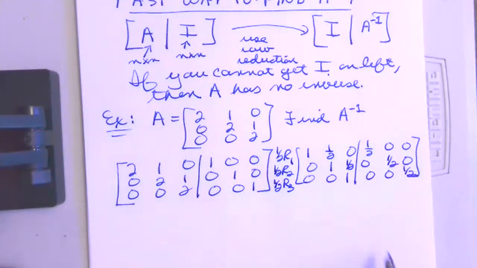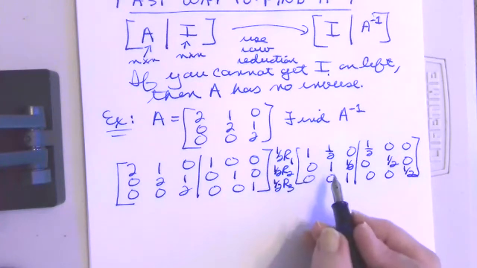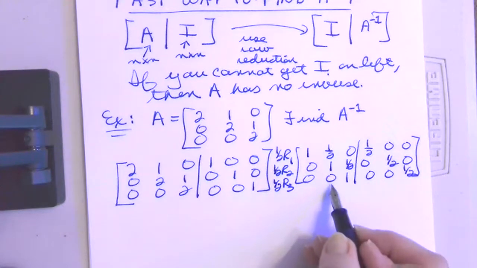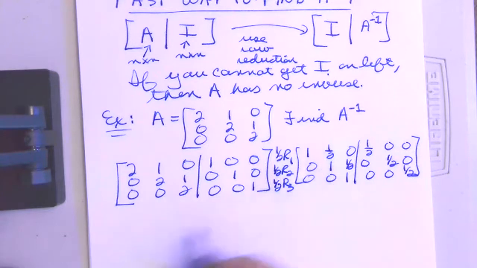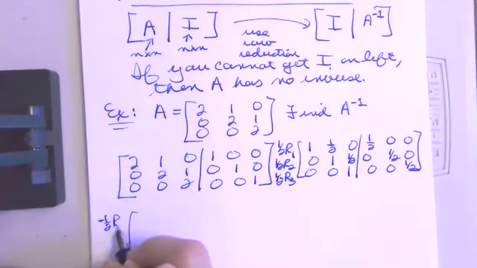That'll help me a little bit because now row 3 is in perfect shape to do the reduction from there, even though that's kind of jumping ahead. Before I do that, I need to use this 1 to clear out the second column. This already has a 0, so I just need to get a 0 up here. So I will do minus 1/2 row 2 plus row 1.